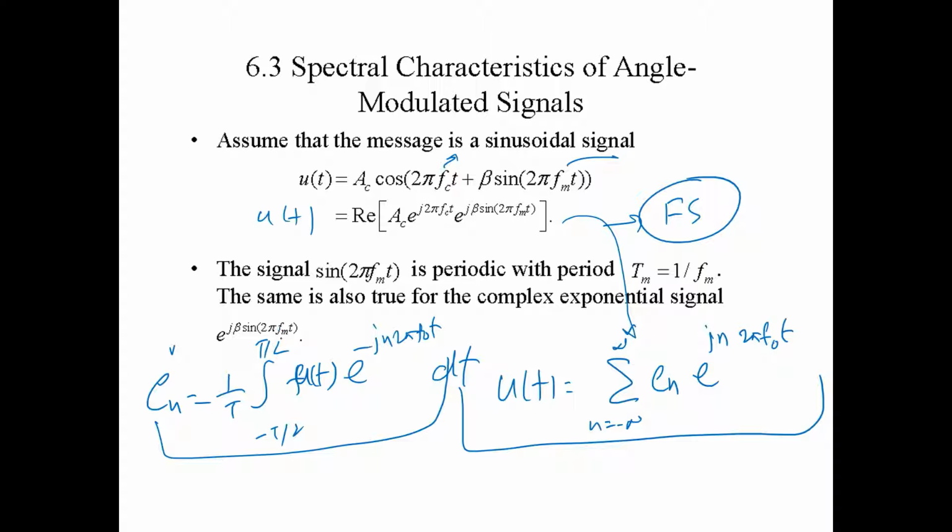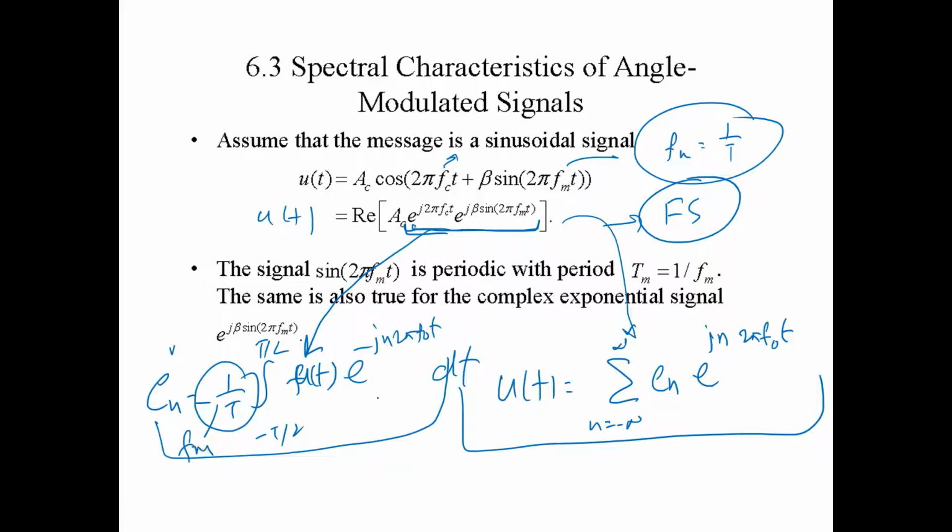What is our signal here? This is your complete signal u of t, so we will replace it here. And what is the time period? fm is equal to 1 over T, so I can replace this with fm.